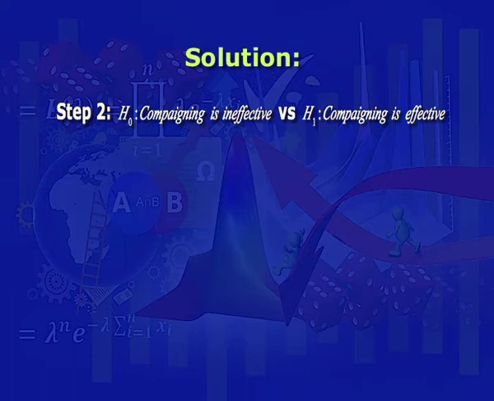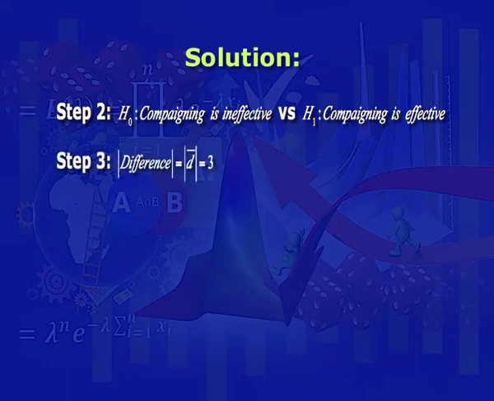Now, in step 2, we define the hypothesis. Null hypothesis H0 is campaigning is ineffective versus alternative hypothesis H1 is campaigning is effective. In step 3, we calculate the value of test statistic. The absolute difference given by absolute difference of d bar, which is equal to 3, standard error equal to s divided by root n minus 1, which is equal to 2.58 divided by root 5.